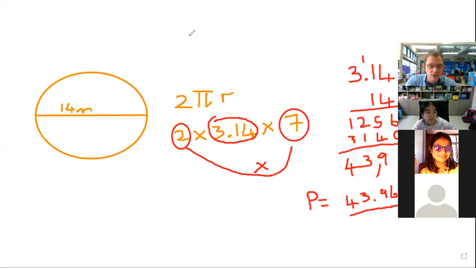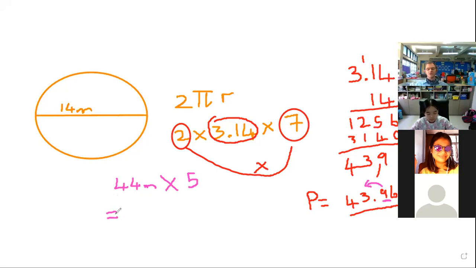If you round to the nearest whole number, we look at our 9 and it's more than 5. So we round up to 44. So we have 44 meters multiplied by 5, because we want to walk around the swimming pool 5 times.